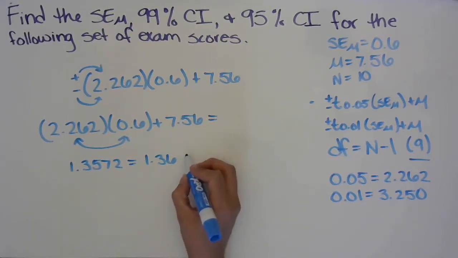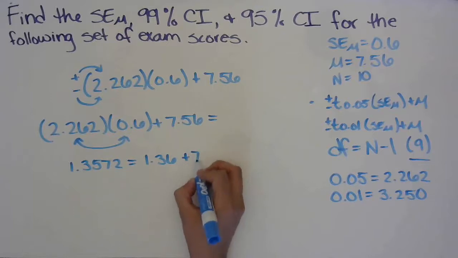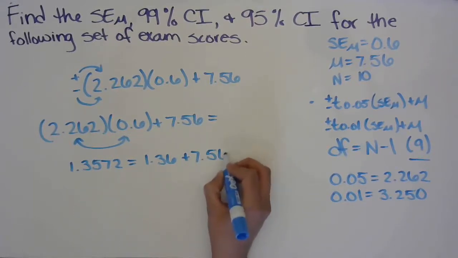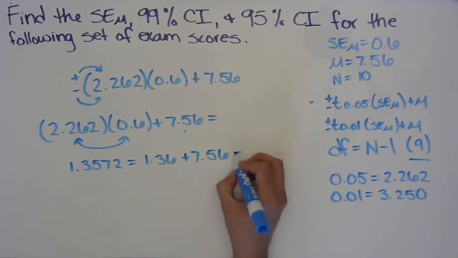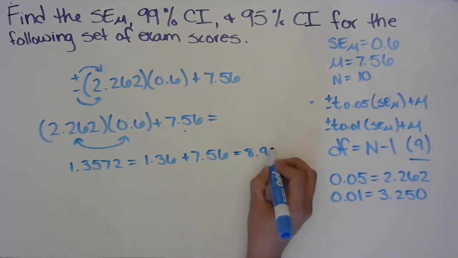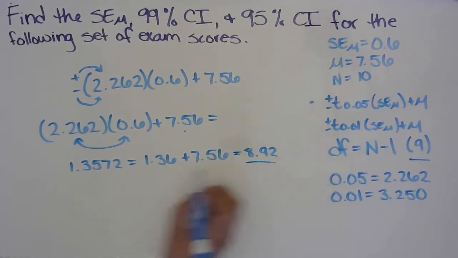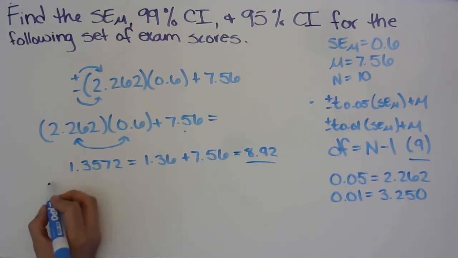Okay, so then it's going to be 1.36 plus 7.56, which is our mean here. And that is going to give us 8.92 as our first value. Okay, so we just go ahead and do the problem again, just as a negative value.